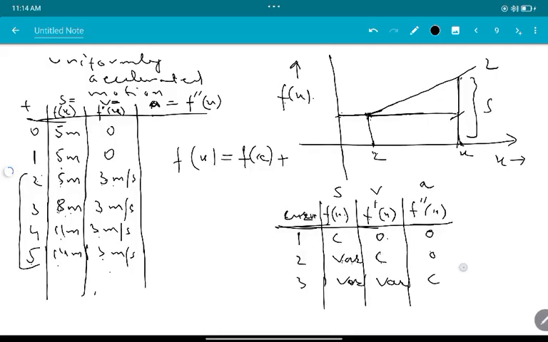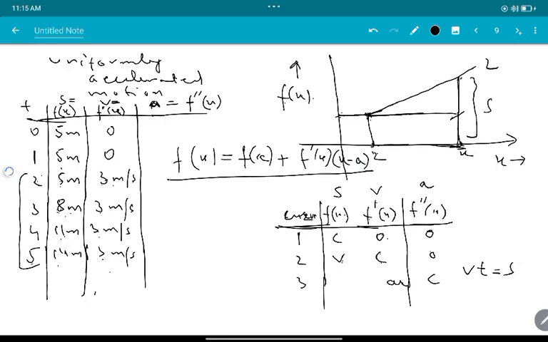Velocity into time is distance. So this is velocity, but it's f dash x. Velocity into time, which time? The elapsed time, from the second to the fifth second. Now how many seconds are there? From second to fifth, 5 minus 2, that is 3. If we multiply this by 3, I will simply write it x minus a. This explains this equation.